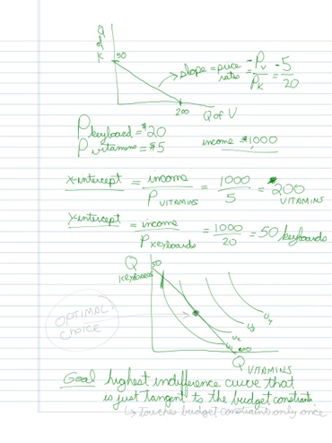In other words, it touches the budget constraint only once. And we see that happening right here.